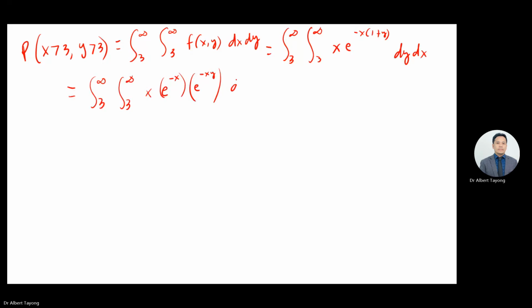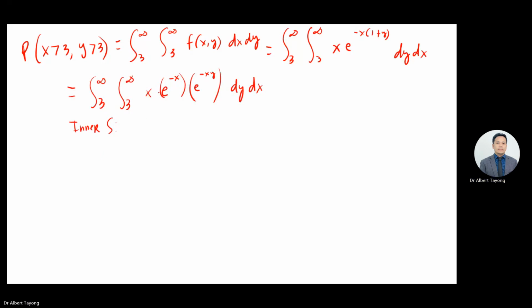And this is dy dx. So let's start with dy. What we're going to do, we will transfer this because this one contains x and here we have x. So we can focus on the inner integral for now, then we're going to use this one later. So let's start with the inner.